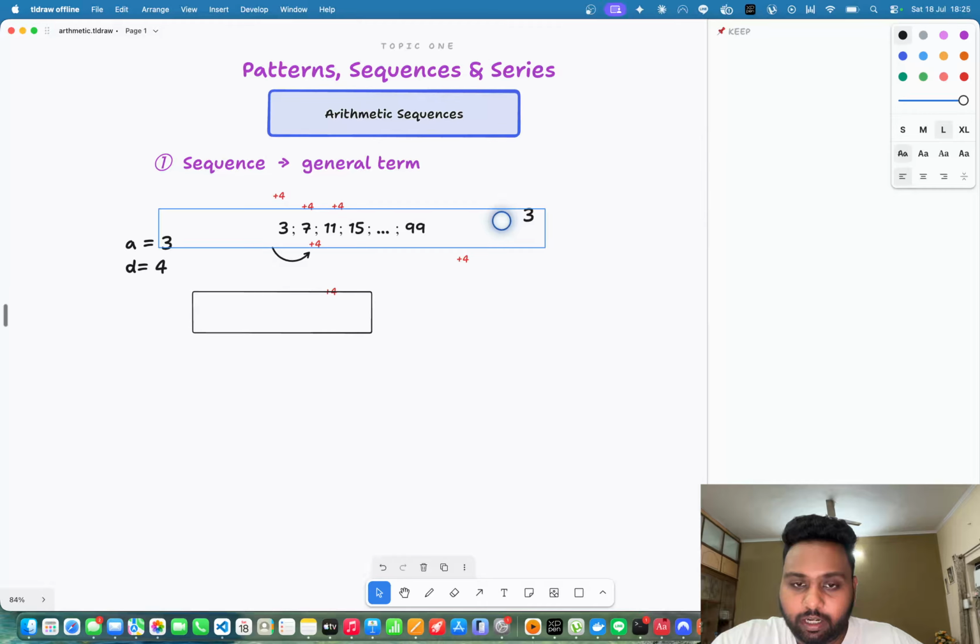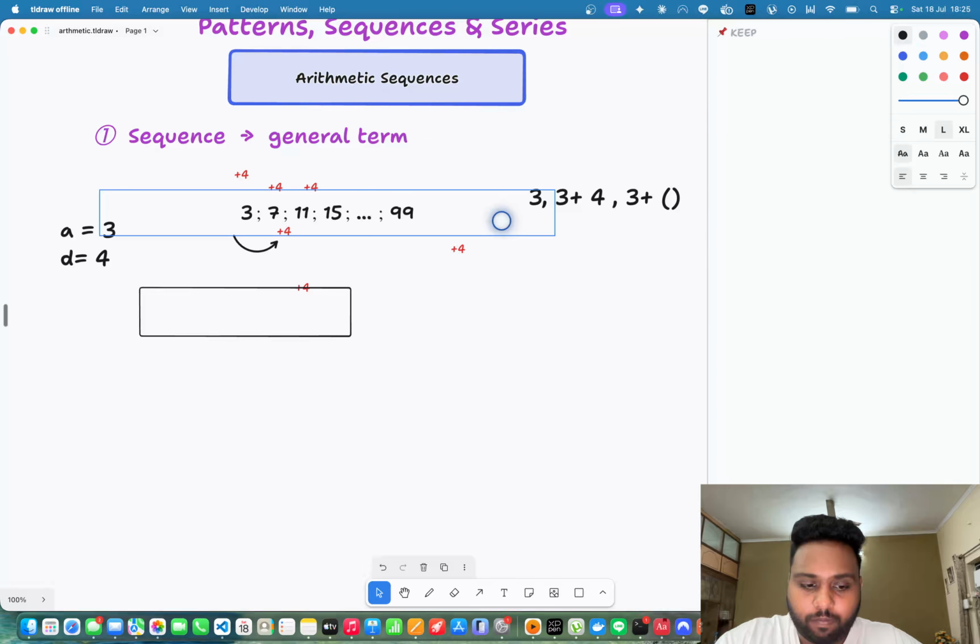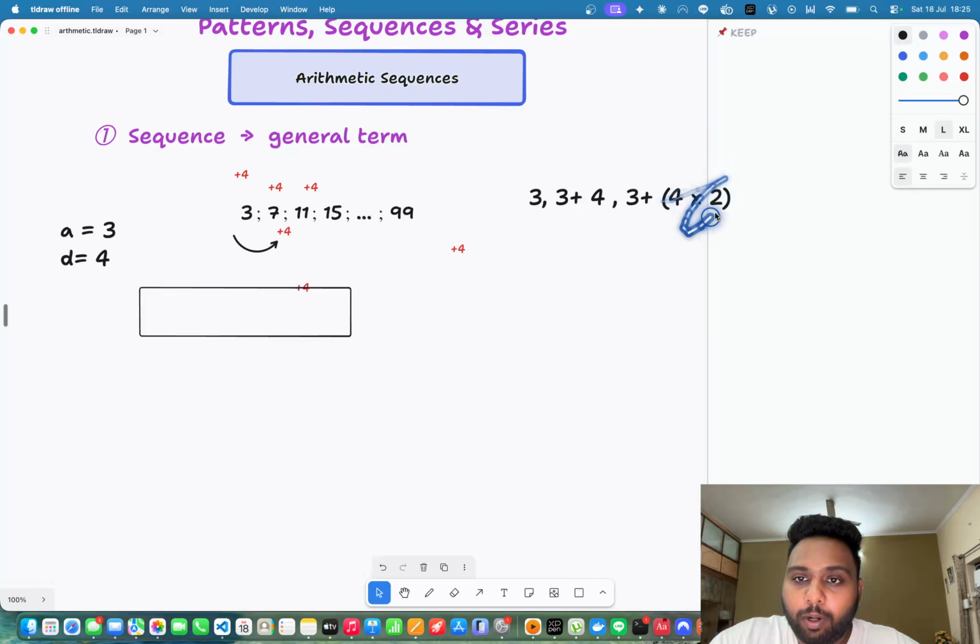We can write this as 3, then 3 plus 4, and then 3 plus 4 multiplied by 2. You see, 4 multiplied by 2 is 8, and 8 plus 3 is 11.